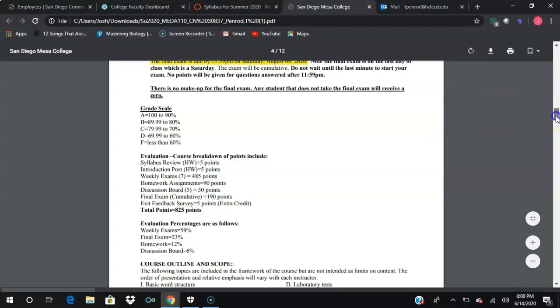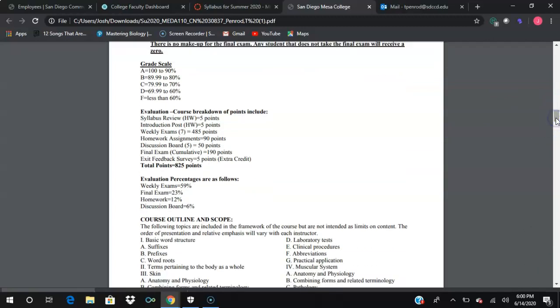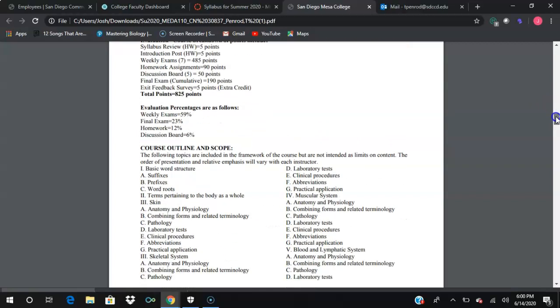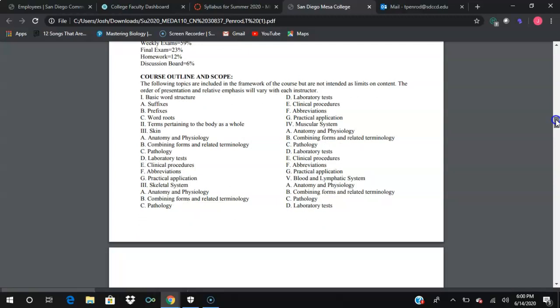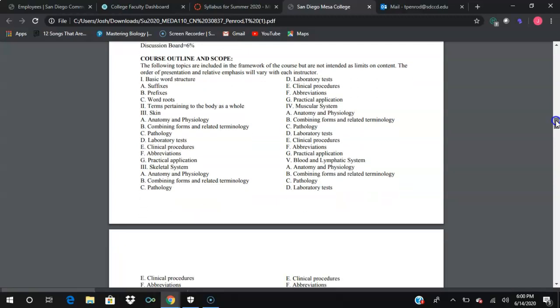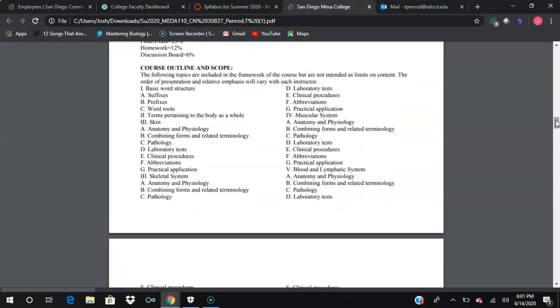All right, this goes through and breaks down the homework, how much homework there is, and what the points are. There is the one little extra credit here for 5 points at the end with the exit feedback survey. Now, as we go through here, you can see the outline and scope. There's a lot that we cover here. It isn't just prefixes, suffixes, and root words. It gets into anatomy and physiology, some pathology, lab tests, and clinical procedures.